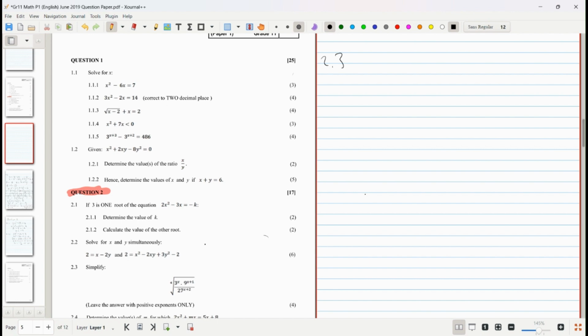It is the fourth root of 3 to the power x multiplied by 9 to the power x plus 1, all divided by 27 to the power x plus 2.